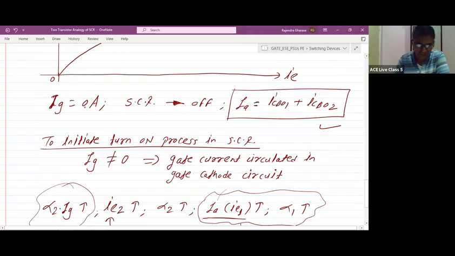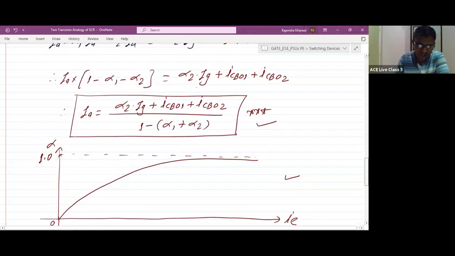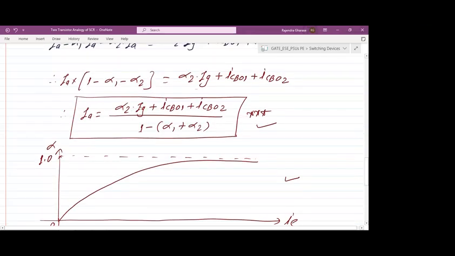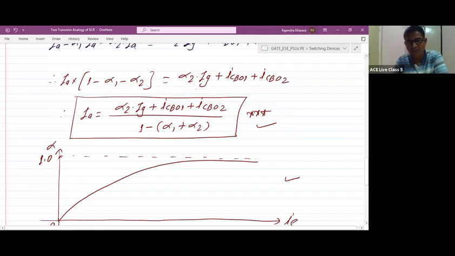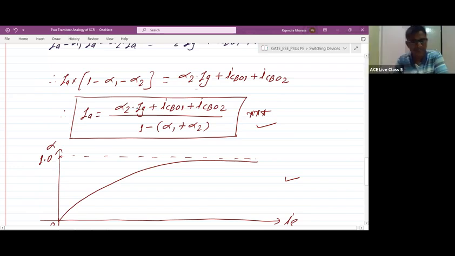If Ig is 0, then alpha 2 into Ig, that product, is 0. Now in the SCR, the gate current is not circulated.